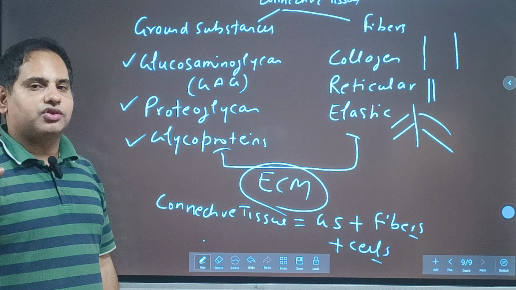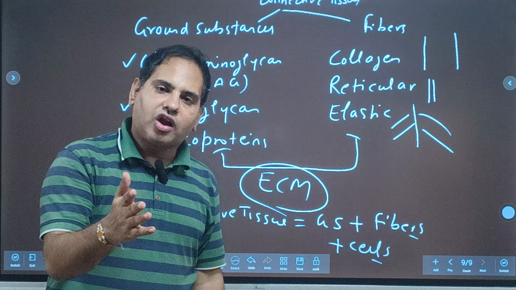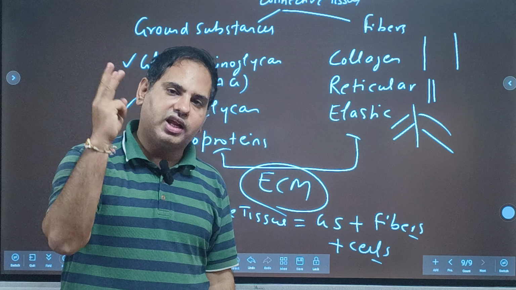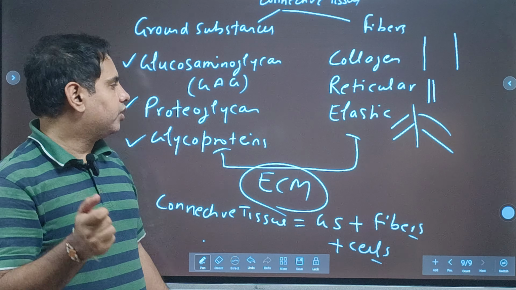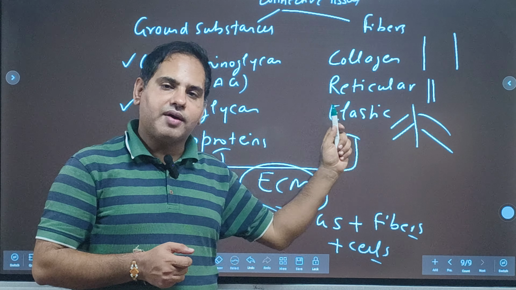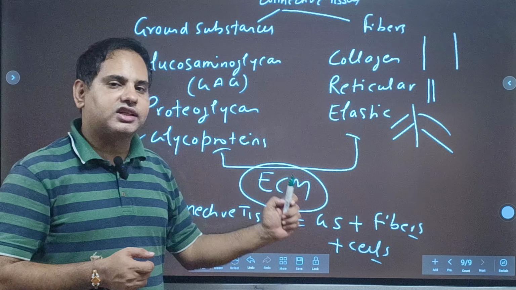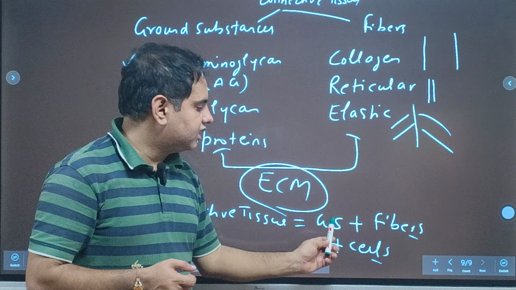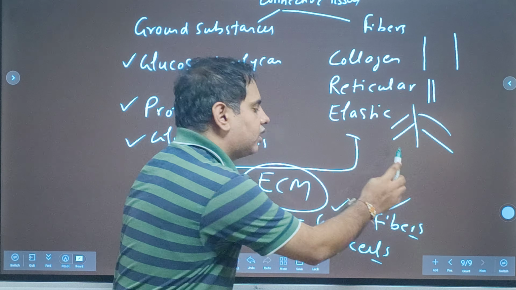So connective tissue is equal to cells plus ground substances plus fibers. Ground substances are of three types: glucosaminoglycan, proteoglycan and glycoproteins. Fibers are collagen, reticular and elastic. And the extracellular matrix, apart from cells, is the material outside the cell: ground substances and fibers.